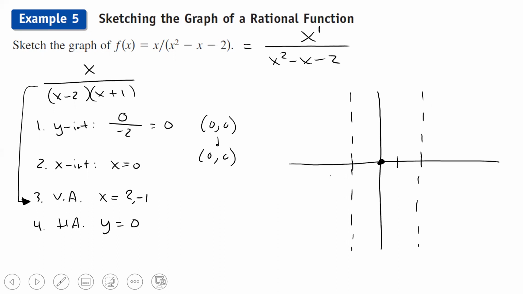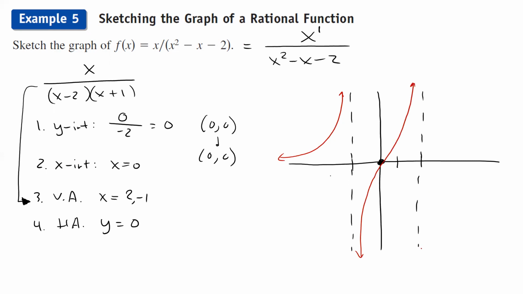Let's see. Because of that little 1 dot, I'm still not quite sure how it goes. I have some options. Can I just show you guys the options here? Option 1 is it went like this, and then it went like this, and it went like this. That's option one, because, oh, you know what, I should draw in my horizontal asymptotes as well.